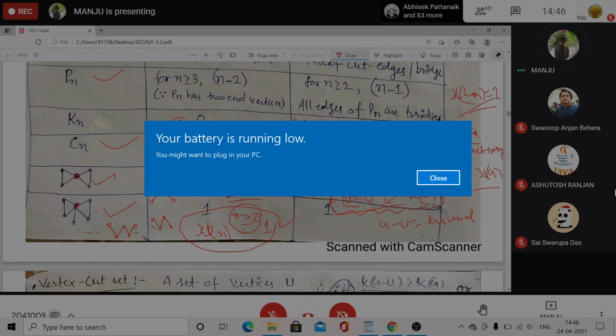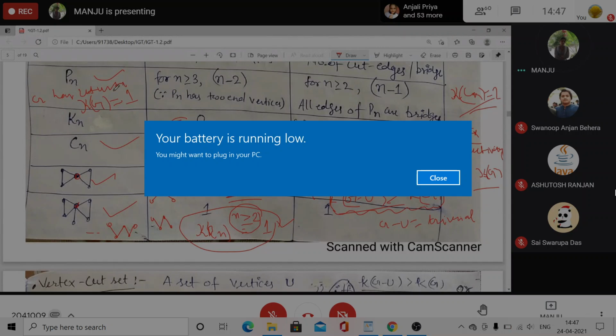For trivial, it's 0. For this one, you remove one vertex, and in whatever graph you have, if there exists a cut vertex, then kappa of G, the vertex connectivity of that graph, will always be 1 if G has a cut vertex.